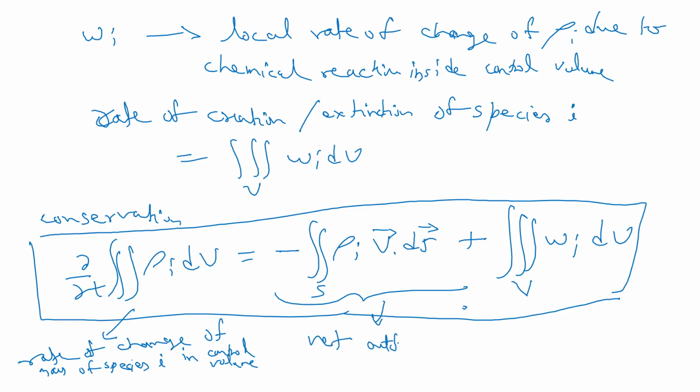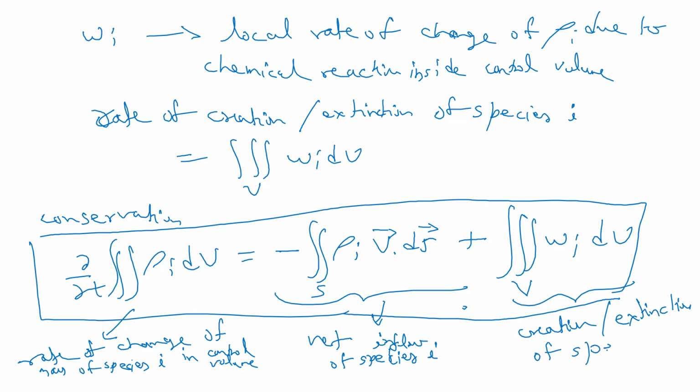With a positive term it will be net outflow, and with a minus term it will be net inflow of species I, and this term will be the creation or extinction of species I inside the control volume.